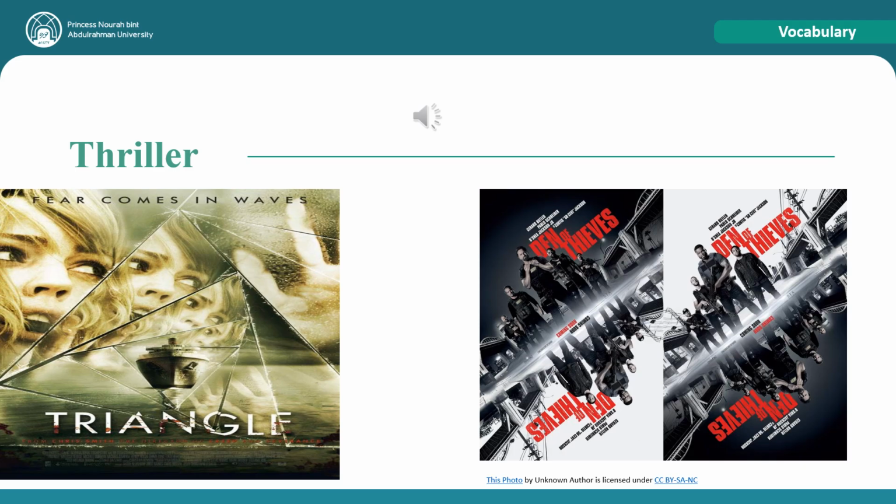A thriller movie will keep you on the edge of your seat, and it can be a cross between sometimes horror and action, or it can just be action and thriller mixed together. So thriller does cover a lot of ground when it comes to movies. I've given you guys 2 over here. Den of Thieves is one of my personal favorites. You want to watch more, you can't wait to see what happens next, and it's just a very interesting watch.